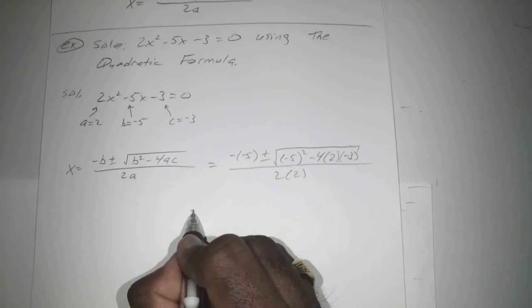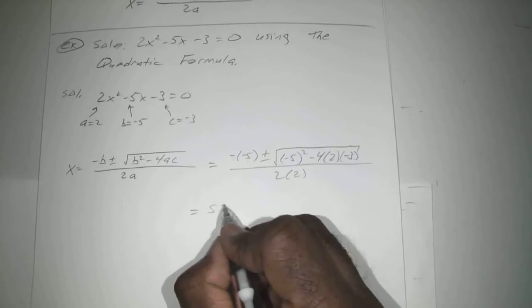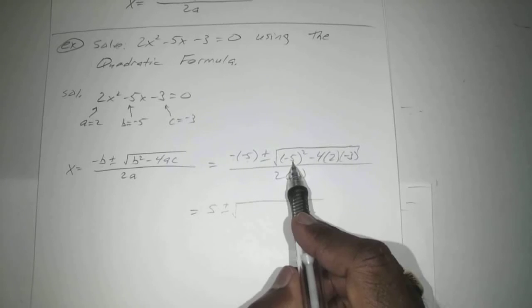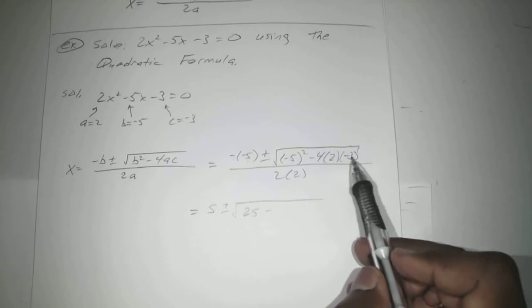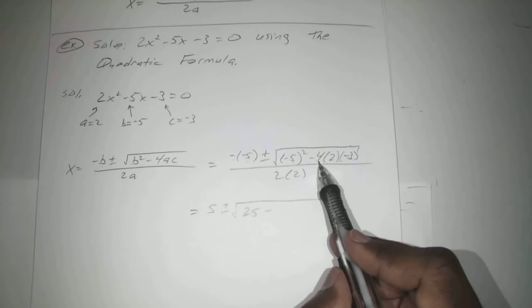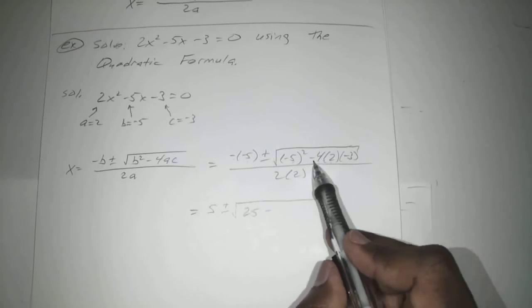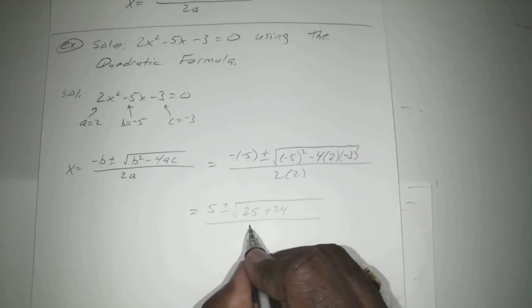Okay, so that's going to equal negative of negative 5, which is positive 5, plus or minus the square root of negative 5 squared, which is 25, minus 4 times a times c. So you have 4 times 2 is 8. 8 times 3 is 24. Negative negative is positive, so plus 24, all over 4.